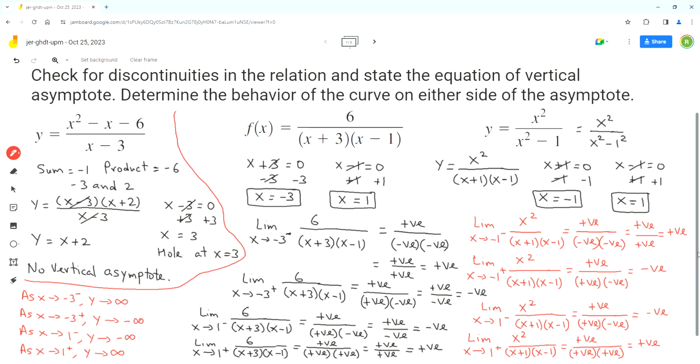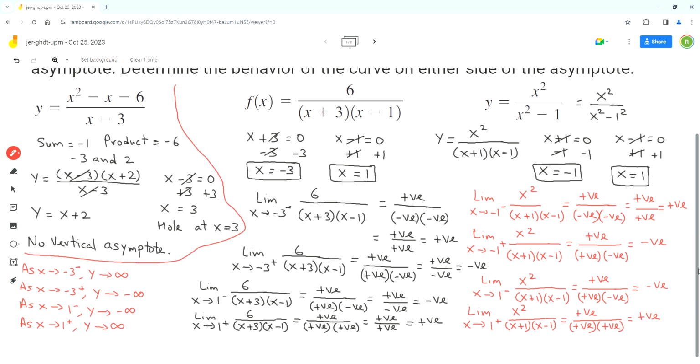So now we can write the conclusion for these asymptotes. For the first one, as x approaches negative 1 from the left side, the behavior is y approaches positive infinity because we got a positive one. And then the next one, as x approaches negative 1 from the right side, y approaches negative infinity.